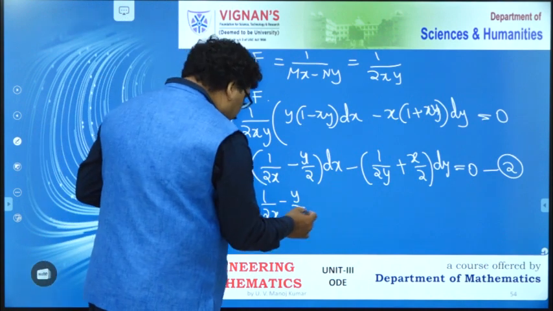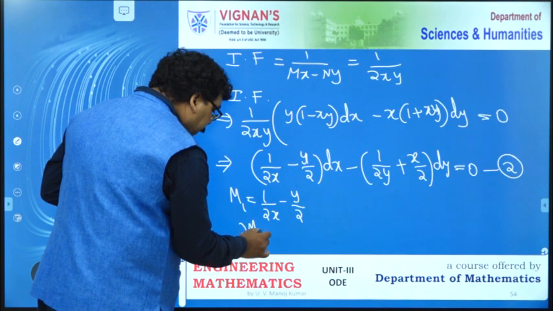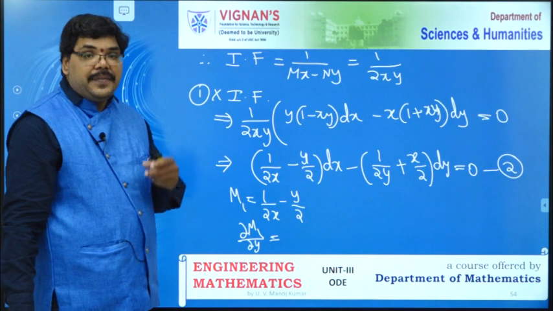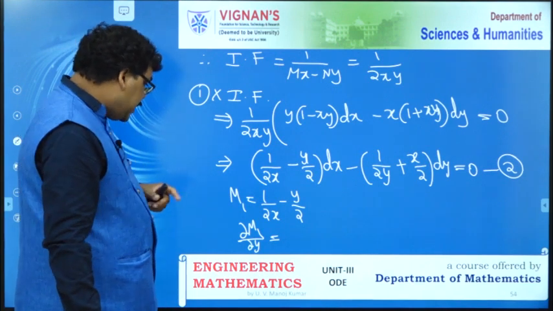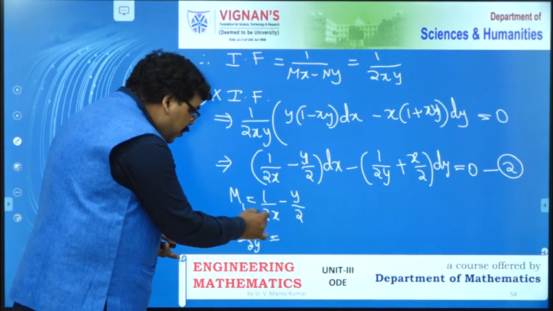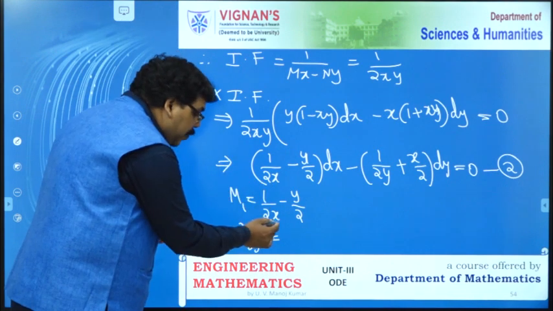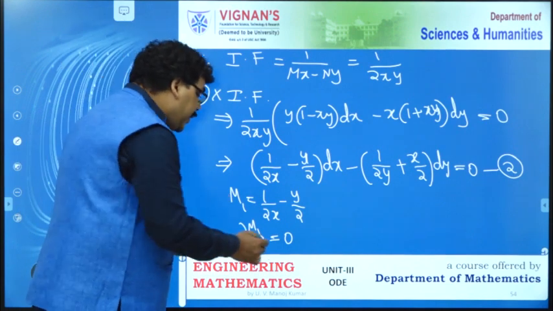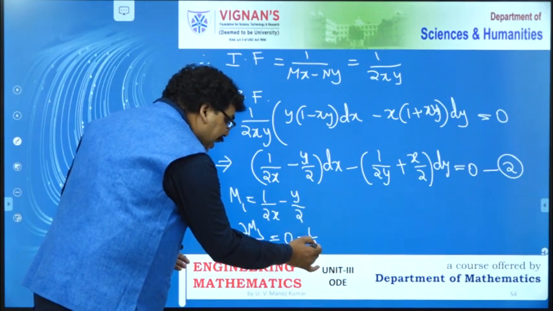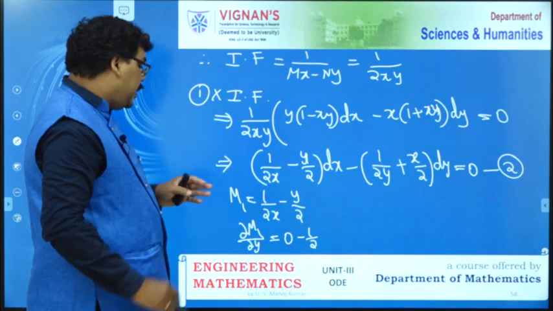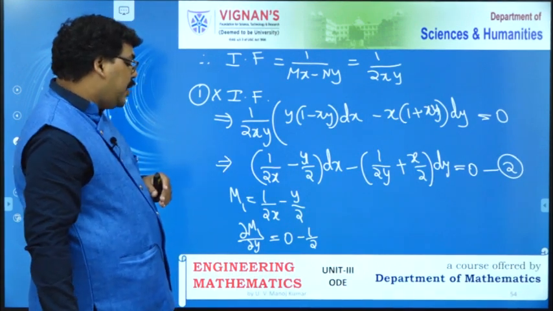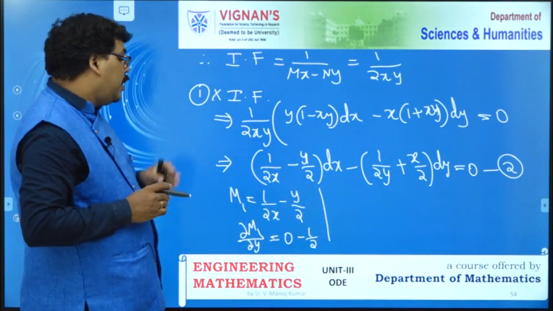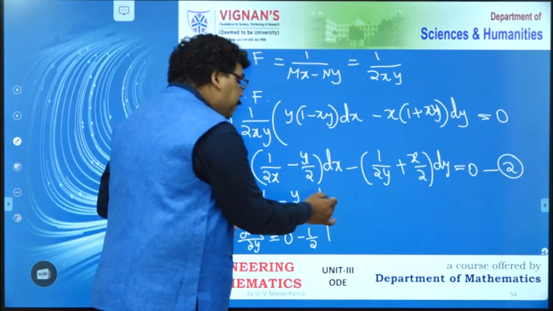What happens to dou M1 by dou y? If I differentiate with respect to y, 1 by 2x is constant, derivative 0. And I am differentiating with y, so minus 1 by 2. So dou M1 by dou y is minus 1 by 2. What is N1?